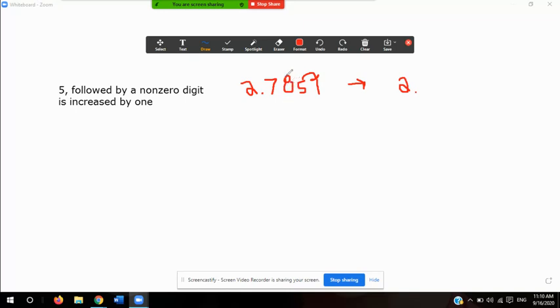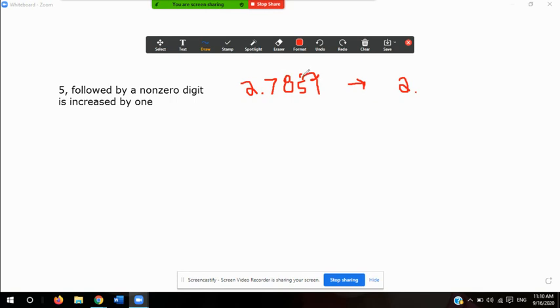2.7851. If 5 is followed by a non-zero digit, which in this case is 1, because the 5 is followed by a 1. The rule states, let me start from the beginning. The rule states that if 5 is followed by a non-zero digit, it is increased by 1. So if I look at this 2.7851, next to the 5, there's a 1.